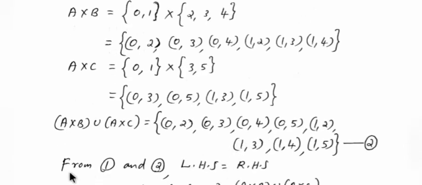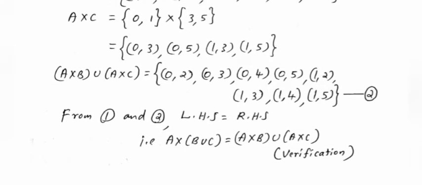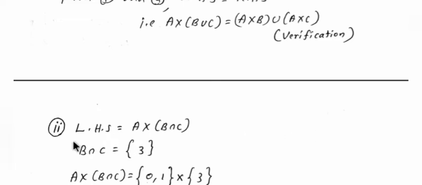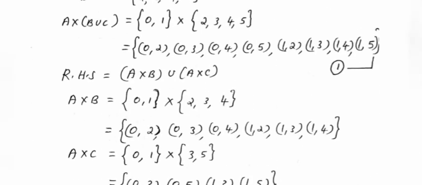Therefore, from 1 and 2, LHS is equal to RHS. That is, A × (B ∪ C) = (A × B) ∪ (A × C). It is verified. Then second one. What is the second problem?